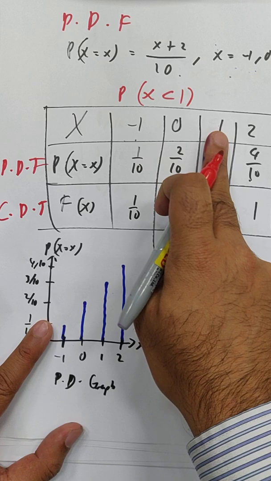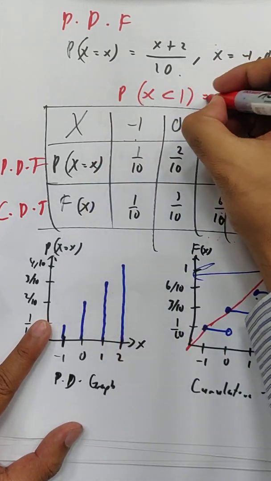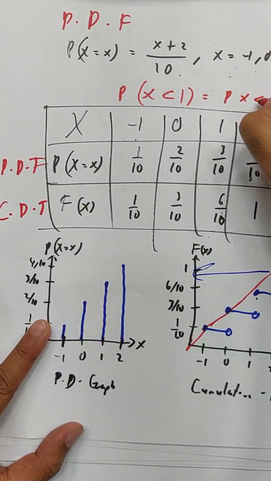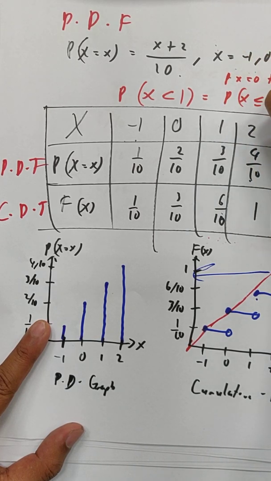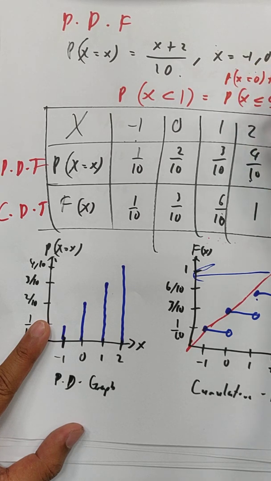Should I take 1? Why not? There's no equal here, so it's supposed to be less or equals to 0. So that means P(X=0) plus P(X=1). Sorry, negative 1 and 0 over here.